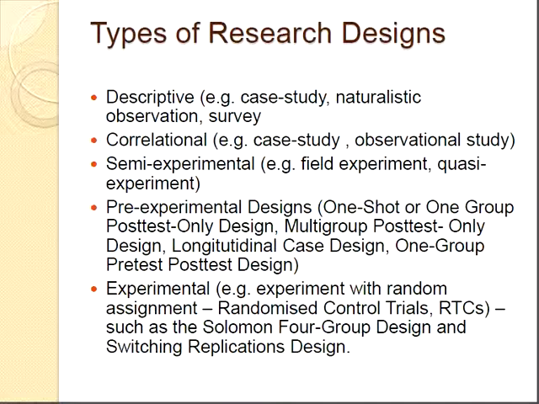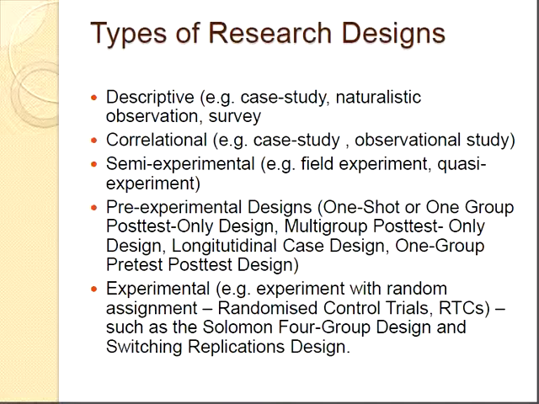We have longitudinal case design. We have one group pre-test, post-test design. All these are pre-experimental designs. And then we have the experimental design itself, where we have a key point that makes a difference between the experimental designs and the pre-experimental and semi-experimental designs.